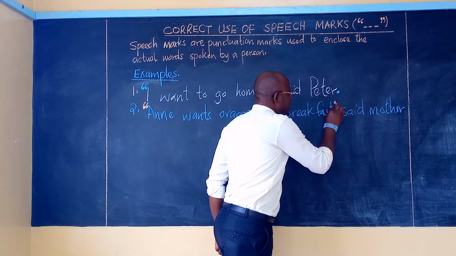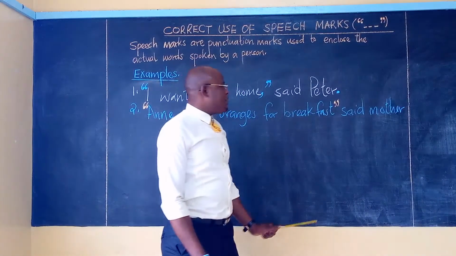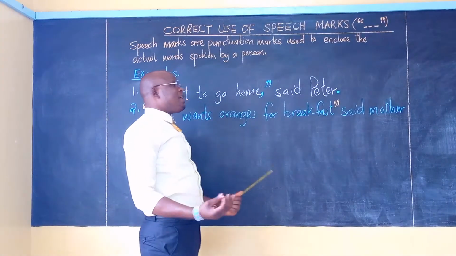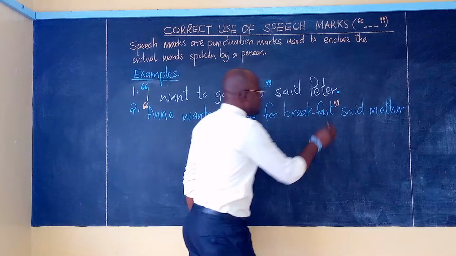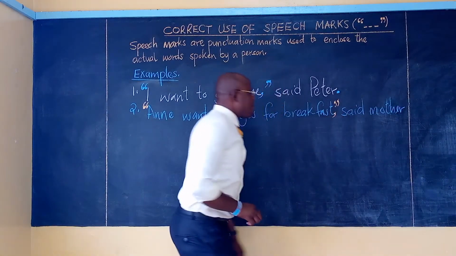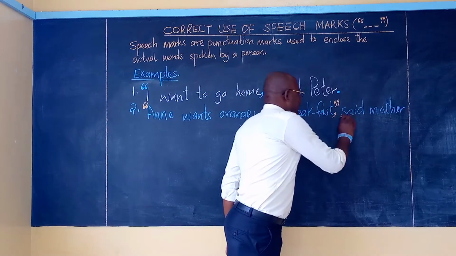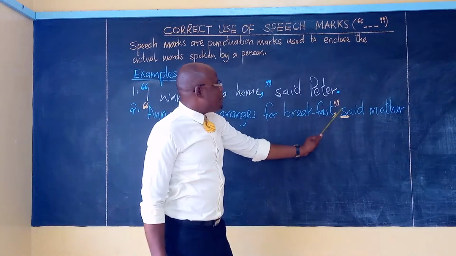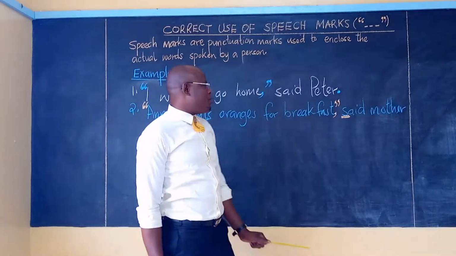Those are the actual words that mother said. But remember, it is incomplete until you bring in some other punctuation marks. After breakfast, comma. Remember, the comma comes before the closing speech marks. And the next letter begins with a small letter, unless it's a proper noun.